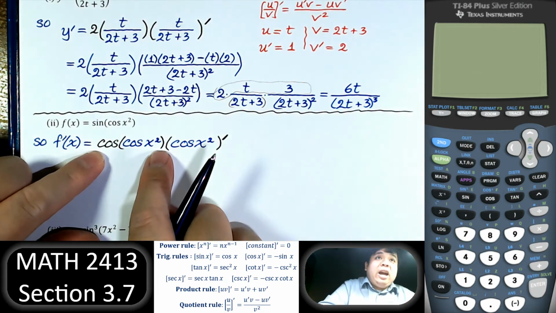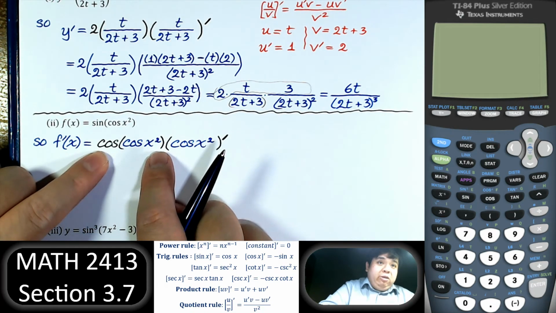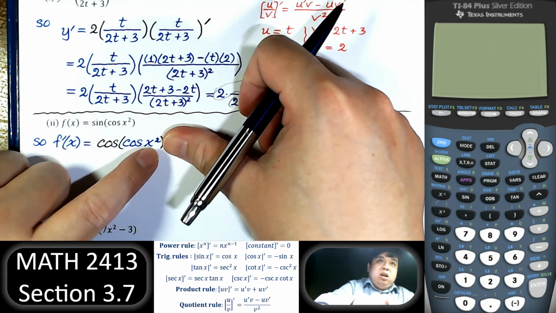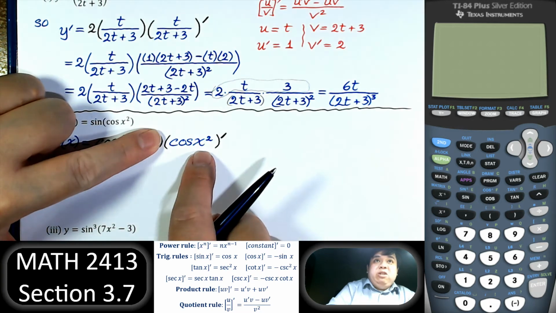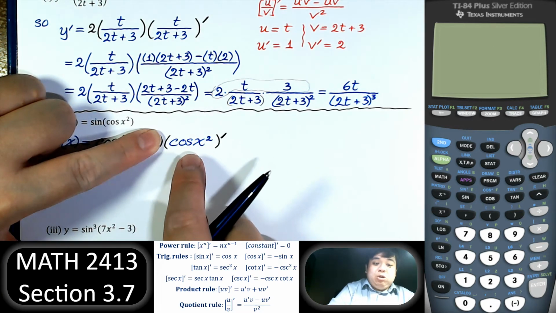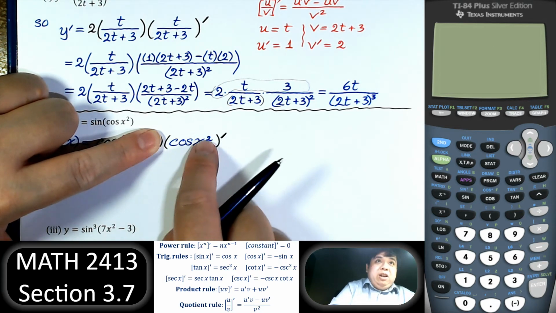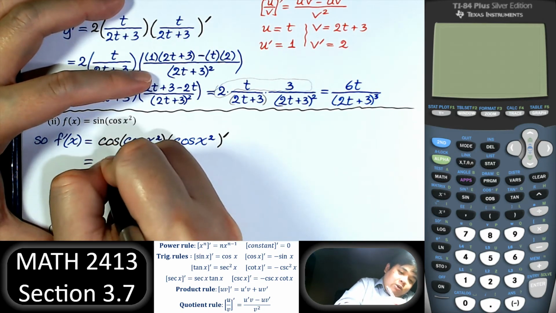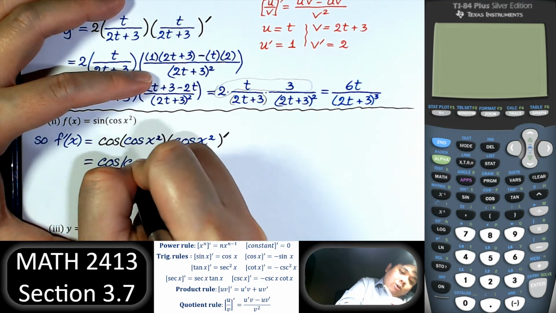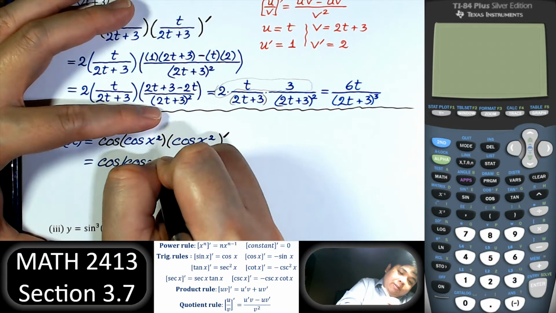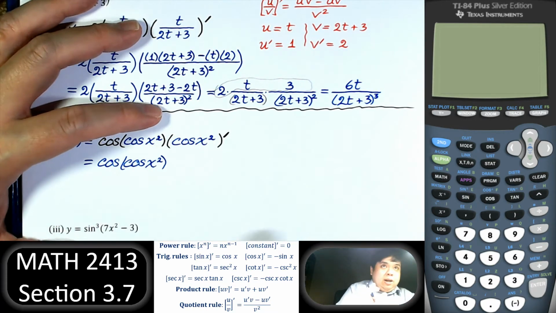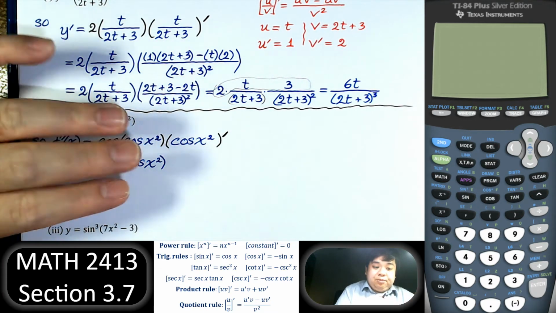We already took care of the derivative, so we do not do anything with this. This is done. We still have a derivative here though, so it's not done. We have to do the derivative here. But in front of that, we have cosine of cosine of x squared. We're not going to do anything with that.